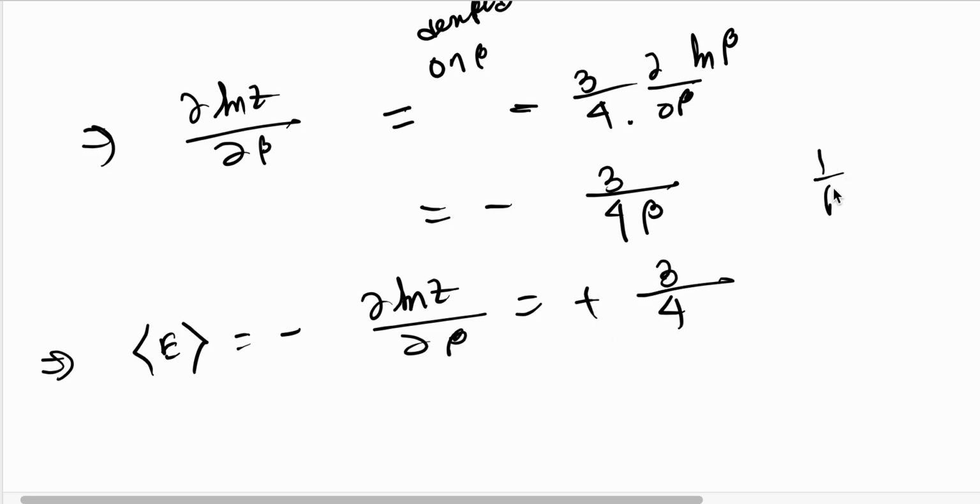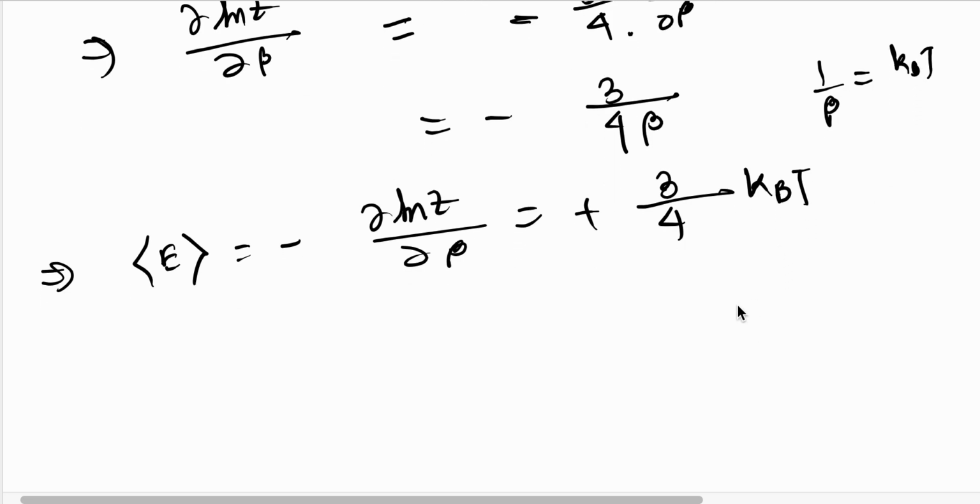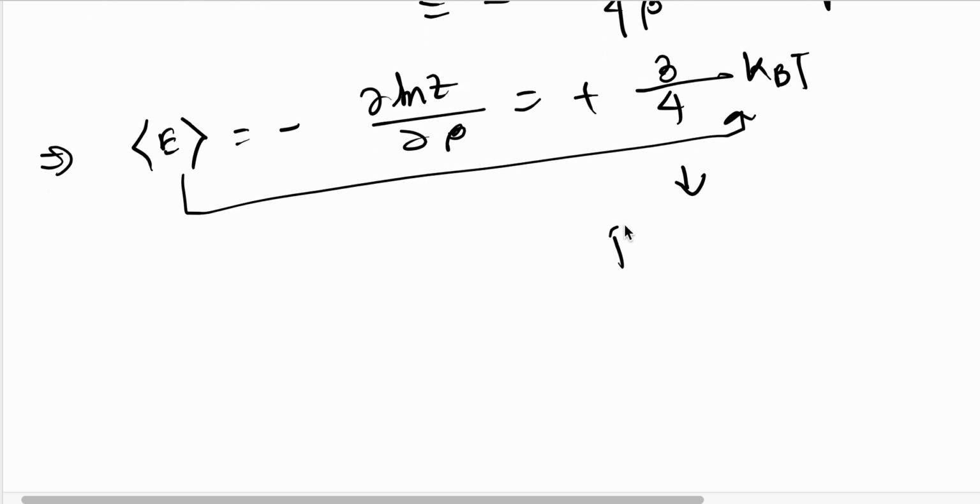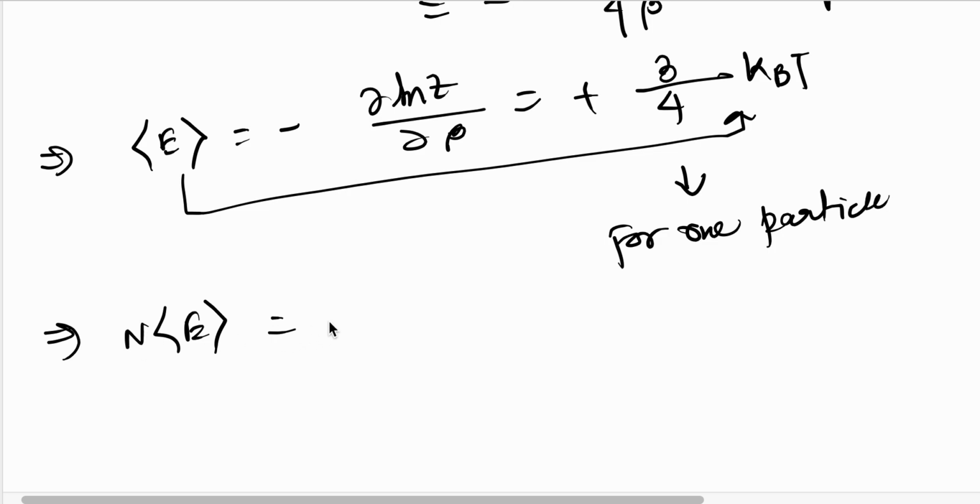We know that 1 by beta is k T, so 3/4 k T. And since it is the energy for one particle, the energy for N particles will be E_N equal to 3/4 N k T.